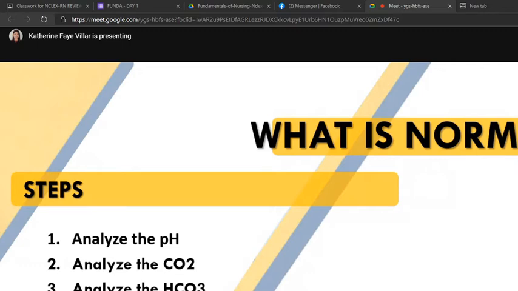And always remember po na ang partner lagi ni pH when it comes to analysis ng acidic or alkaline ay yung bicarbonate, 'di ba? Ang normal value natin for the bicarbonate ay 22 to 26, okay? So, ang kabaligtaran po niya ng analysis ay yung ating carbon dioxide.